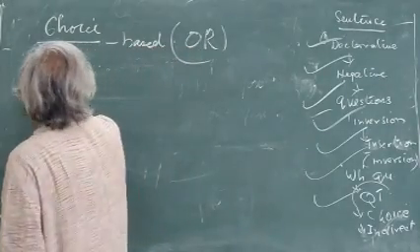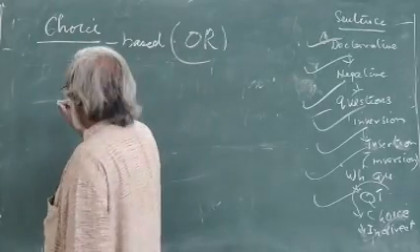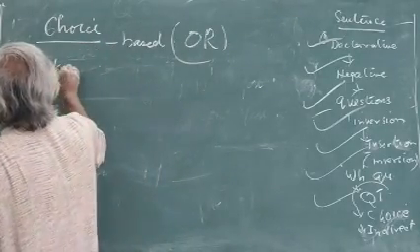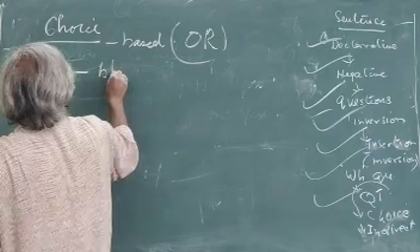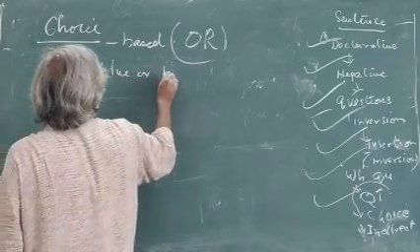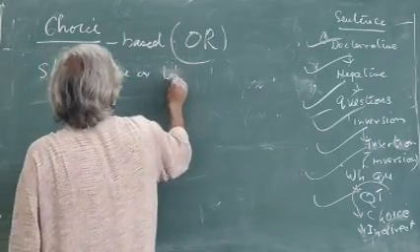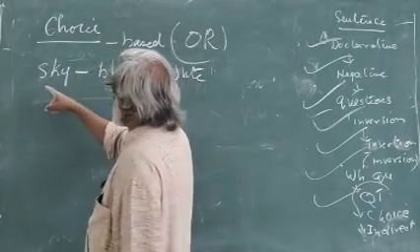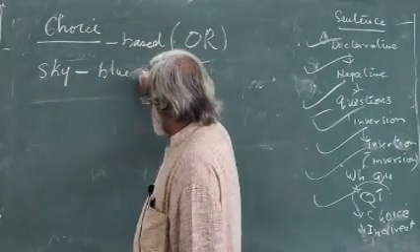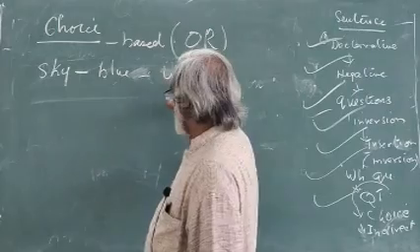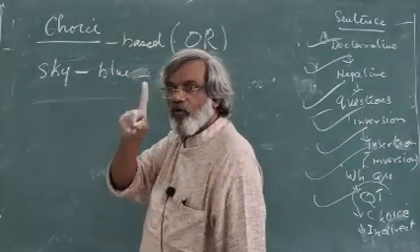Example: sky, blue or white. You get a concept: two concepts for one object.